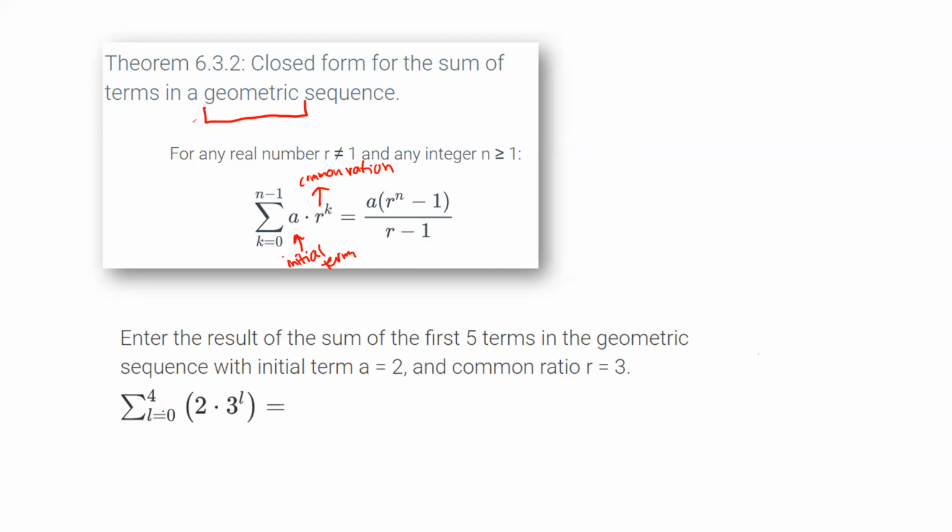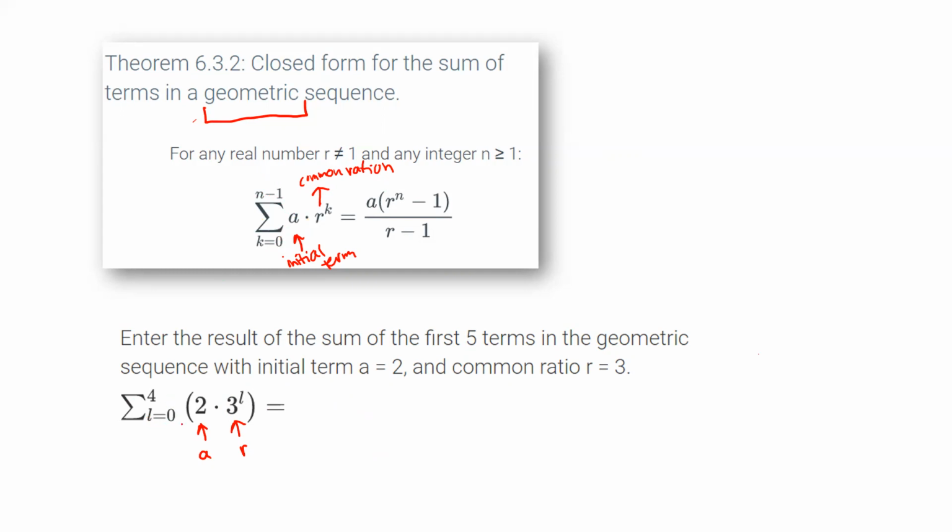So here they're using L. L goes from 0 up to 4, and I have 2 times 3 to the L. So the 2 would be the A, and the 3 is what we keep multiplying by, so that would be the R.